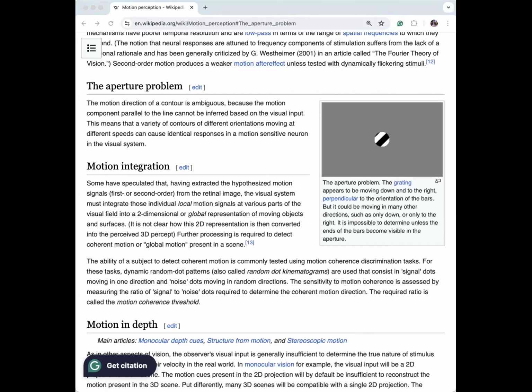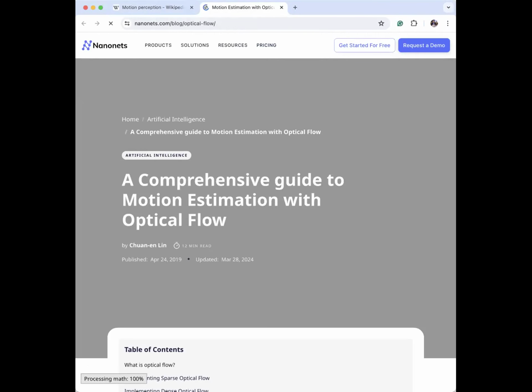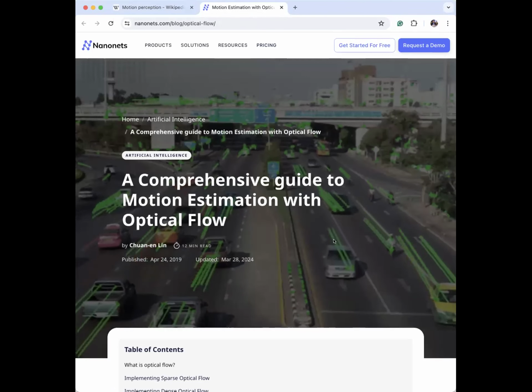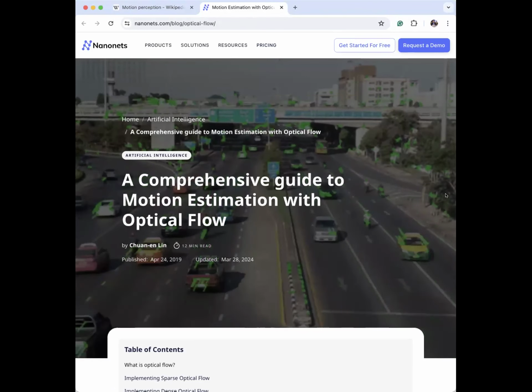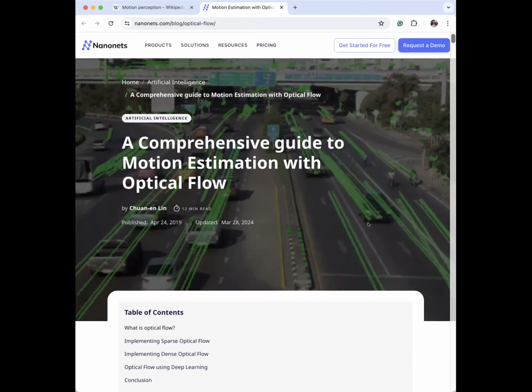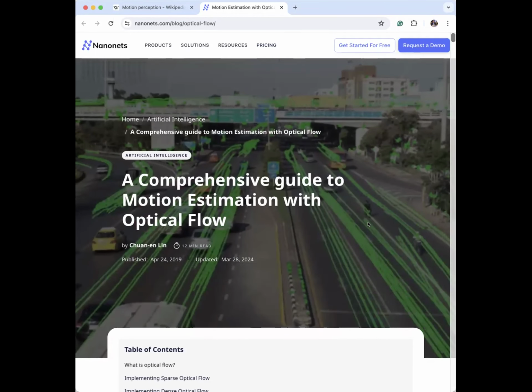So we need to make some conditions or some assumptions about the optical flow, so how those pixels are moving in our image.